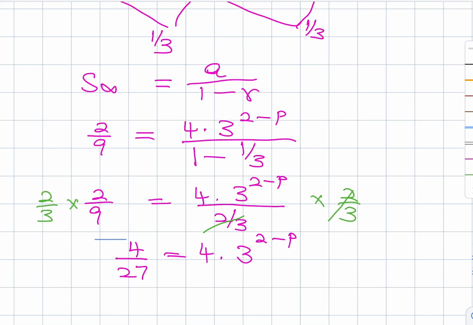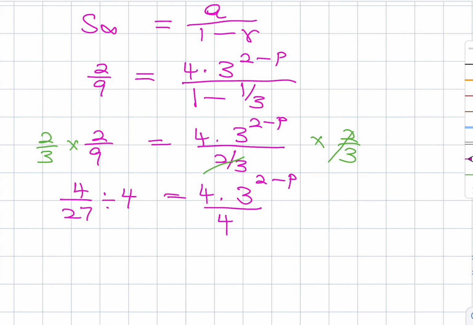Okay, then now what you're going to do, you want to get rid of the 4. You want to remove this. You will divide by 4. You're also going to divide by 4. I prefer to use the normal division sign there. So you're left with 3 to the power 2 minus p.